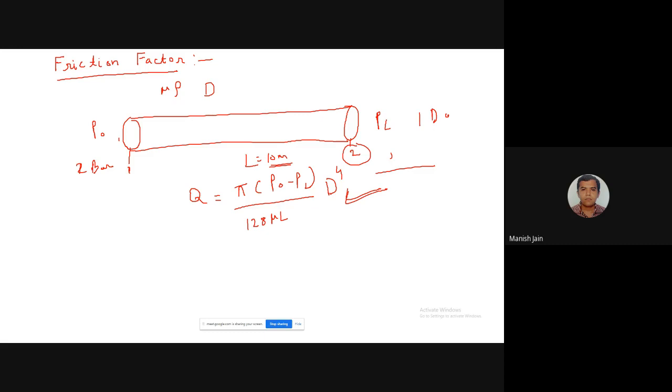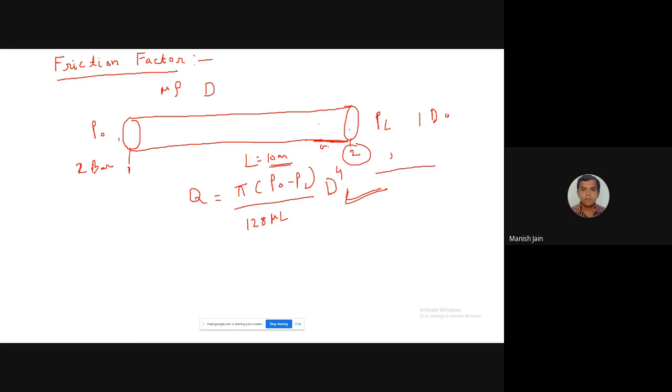Because the solid surface exerts some friction on the fluid, and that's why the velocity of the fluid is zero at the solid-liquid interface. The solid surface of the pipeline exerts a friction force on the flowing liquid. That's why the pressure drop occurs inside the pipeline. Otherwise, this is a horizontal pipeline.